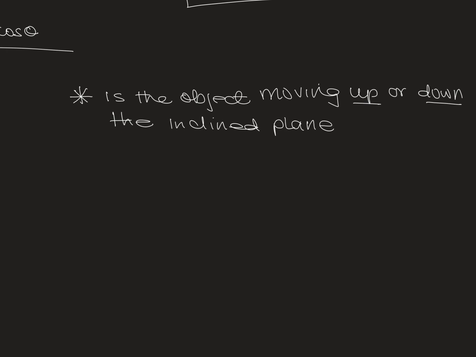Why is this important? Because it will tell you the direction of the frictional force. If the object is moving up, the frictional force is going to act down the plane. If the object is moving down, the frictional force is going to act up the plane. So that is why the direction of motion is very important.